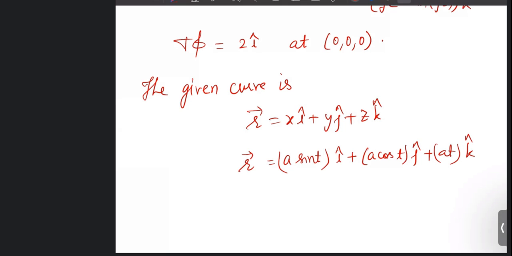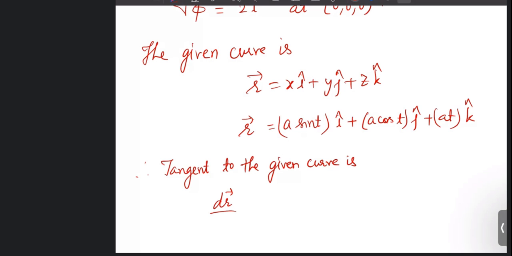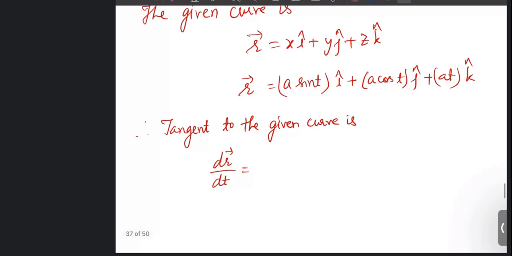Now directional derivative is to be determined in the direction of tangent to the curve. To determine the tangent to the curve, therefore tangent to the given curve is dr upon dt. Determine the derivative with respect to t. The derivative of sine t is just cos t.